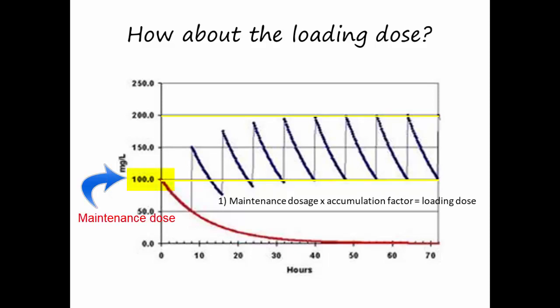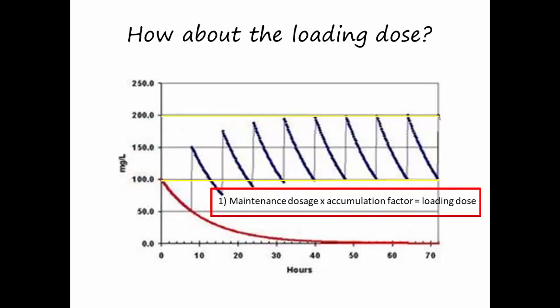And if you continue giving the same dose at the same interval, it will eventually reach 200 milligrams per liter. So in this case, what we call the accumulation factor from the first dose until it reaches a steady state will be 2. And that would be what you would have to multiply the maintenance dose by to calculate the loading dose.